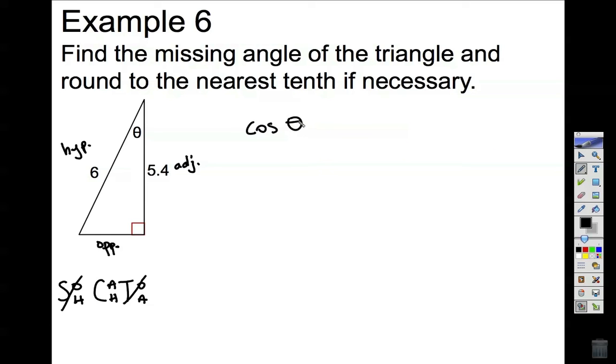Cosine of angle theta equals adjacent, which is 5.4, over the hypotenuse 6. For this part here, again, since we are dealing with cosine, we are taking the arc cosine of both sides.